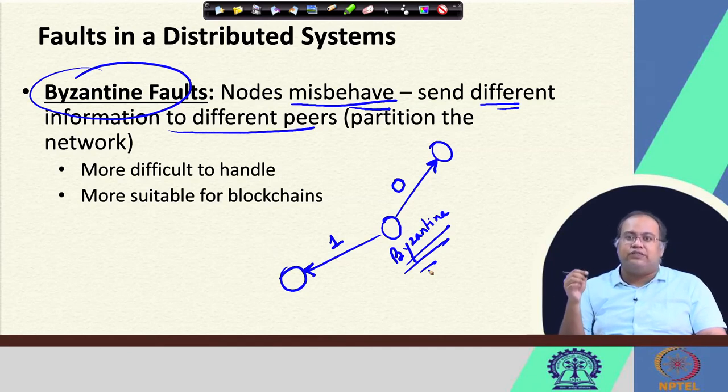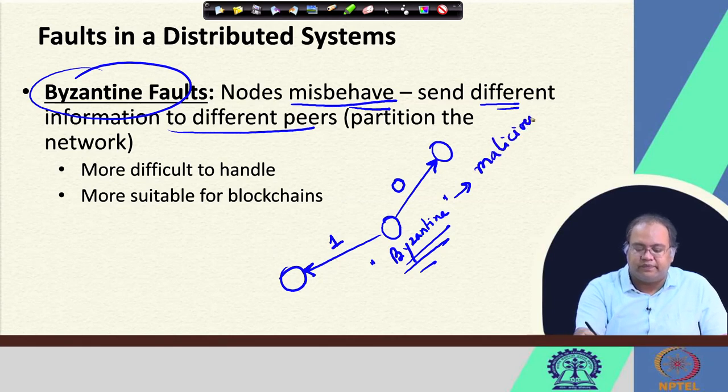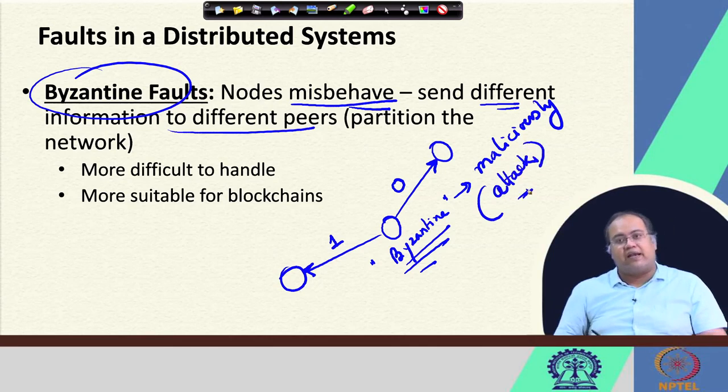There is an interesting story from where this name Byzantine came from, but basically Byzantine behavior means that the nodes are trying to behave maliciously. Such kind of malicious behavior can also come from the context of a security attack.